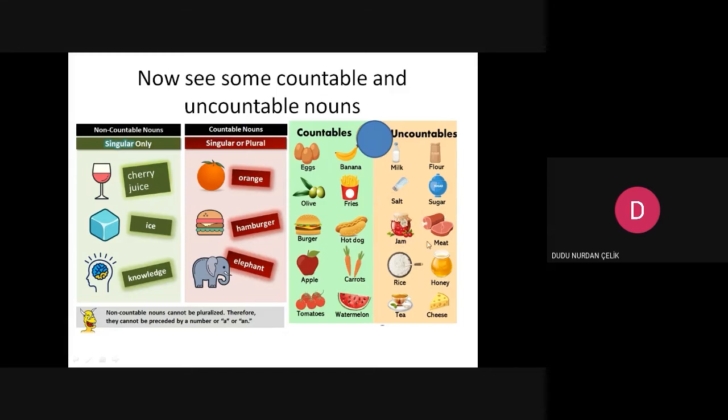Sugar, jam, meat is uncountable. But when we say chicken, we say a chicken, it's countable. When we say a fish, fish is countable. A fish, 2 fish, a lot of fish. Rice, uncountable. Honey, uncountable. Tea, uncountable. And cheese also is uncountable.